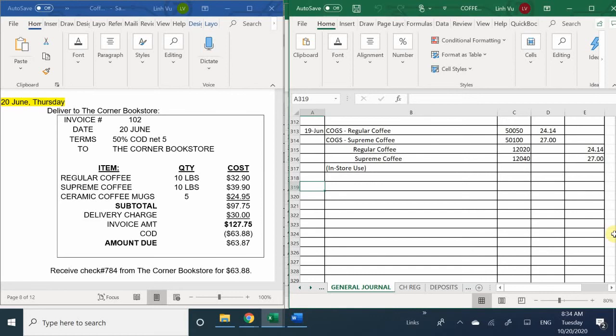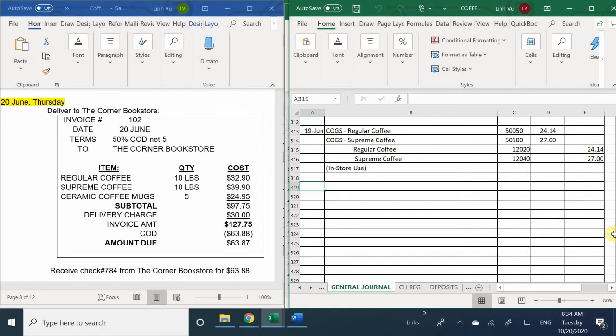Delivered to the corner bookstore. Invoice 102, date June 20, terms 50% COD net 5. We got the Supreme Coffee ceramic mugs that were delivered to the corner bookstore.